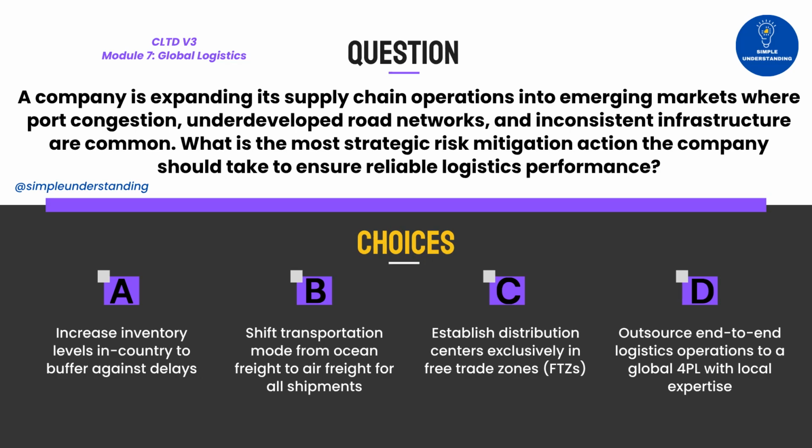A. Increase inventory levels in country to buffer against delays. B. Shift transportation mode from ocean freight to air freight for all shipments. C. Establish distribution centers exclusively in free trade zones, FTZs. D. Outsource end-to-end logistics operations to a global 4PL with local expertise.